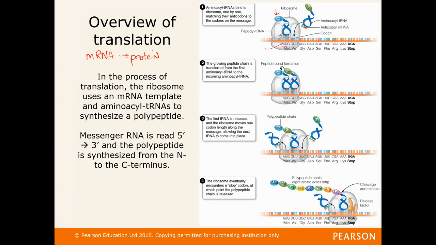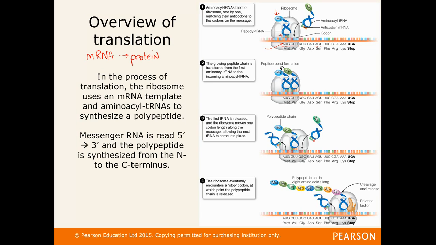The next one, GUU, the transfer RNA comes in with the anticodon that matches that, and on the other side the tRNA has the amino acid valine, because GUU is for valine. Then there's GGC, that's glycine, GAU, aspartate, AGU, serine. We can keep going and going.